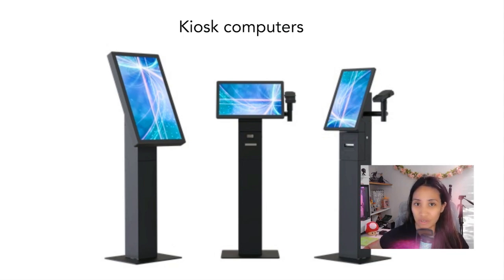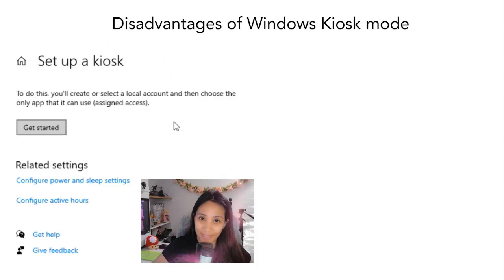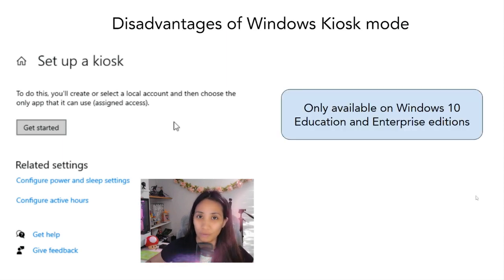There are disadvantages, which is why we are not going to use it in this example, because kiosk mode is very limited. The disadvantages of using Windows Kiosk mode are, first, that it's only available on Windows 10 Education and Enterprise editions. So if your company uses Windows Pro, or if you have Windows Home, this is not available for you to use.